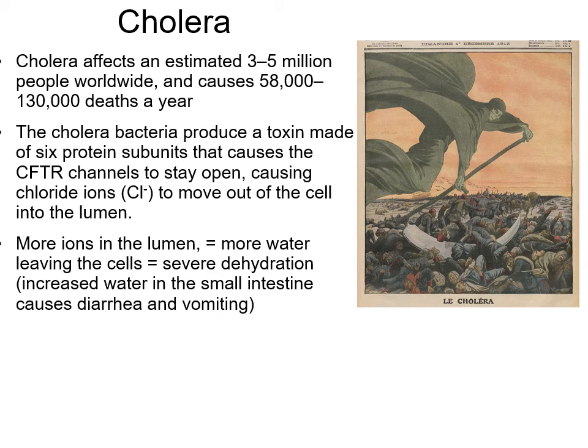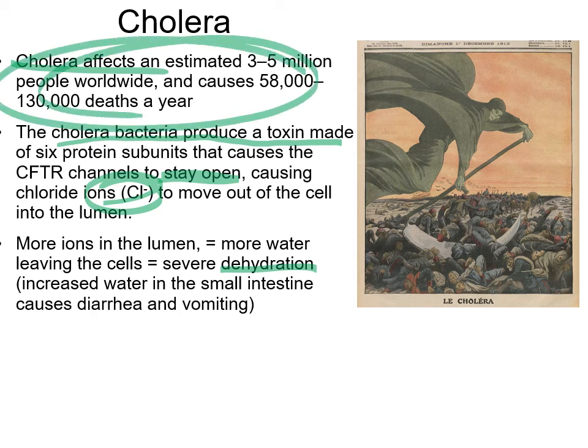And so what may happen is that certain diseases like cholera, where the cholera bacteria produce a toxin that basically causes those channels to stay open, which causes too many ions to move out, and then that can lead to dehydration. And so this is a current problem. This is not an old problem. This is a current problem that affects a lot of people.